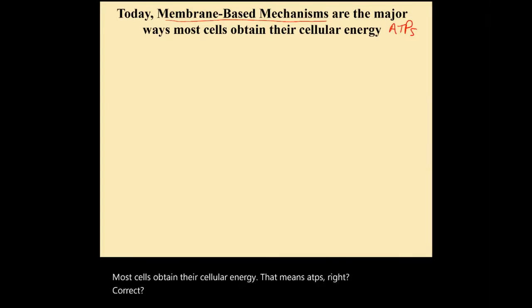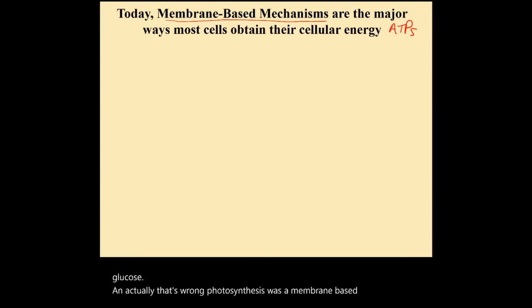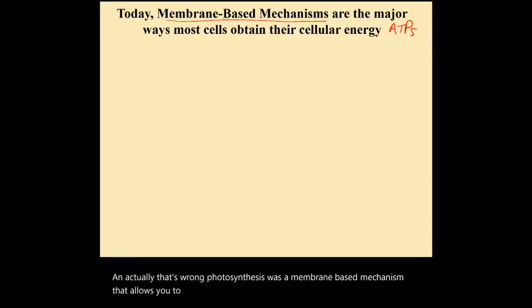See, students come to me thinking that photosynthesis is all about making glucose. And actually, that's wrong. Photosynthesis was a membrane-based mechanism that allowed you to change solar energy and conserve it in the form of ATP energy.